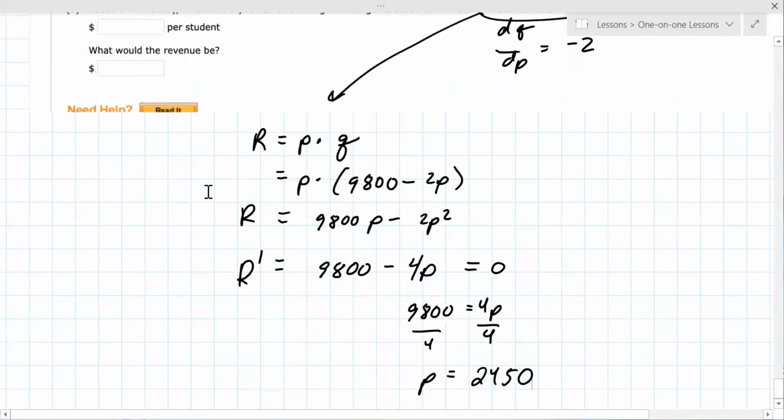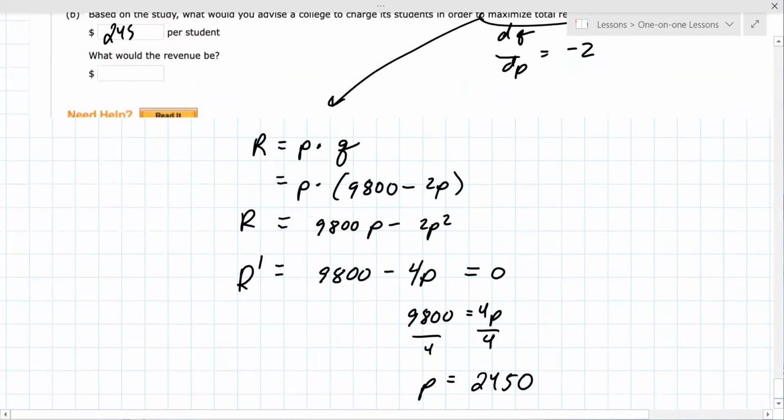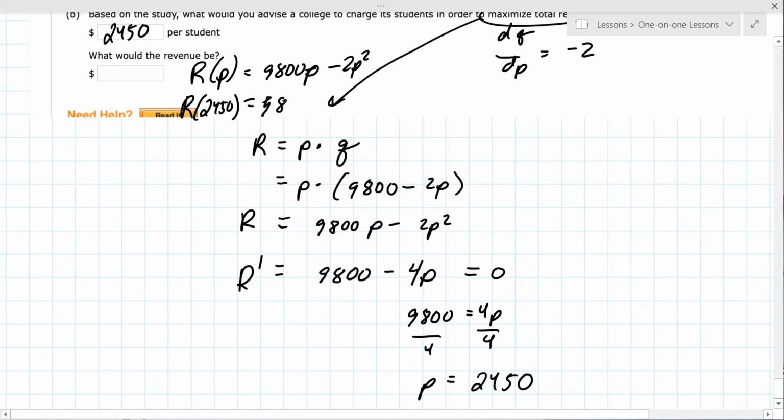You check that. That's this first part. And then you plug into the revenue. So the revenue R of P is equal to 9800p minus 2p squared. You put 2450 in for P: 9800 times 2450 minus 2 times 2450 squared.